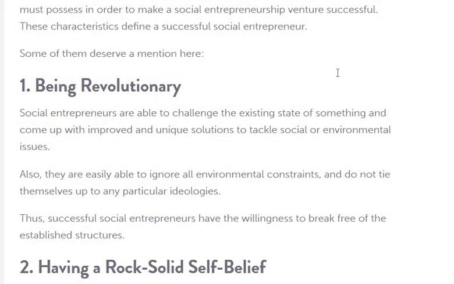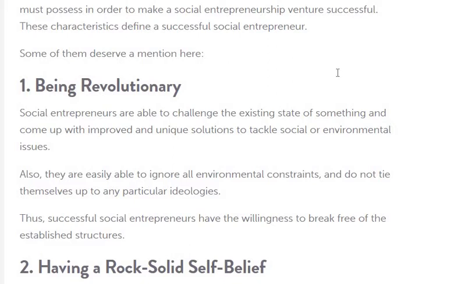Number 1, being revolutionary. What is it, being revolutionary? It means social entrepreneurs are able to challenge the existing state of something and come up with improved and unique solutions to tackle social or environmental issues.